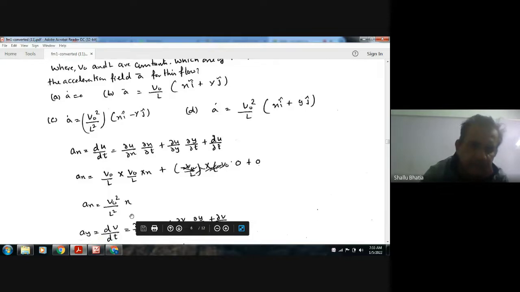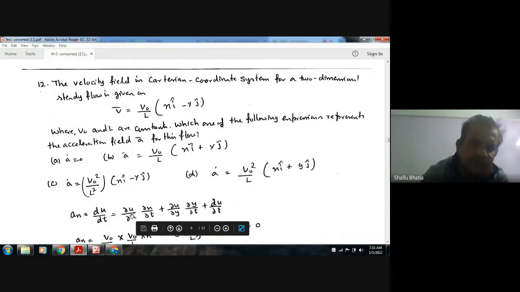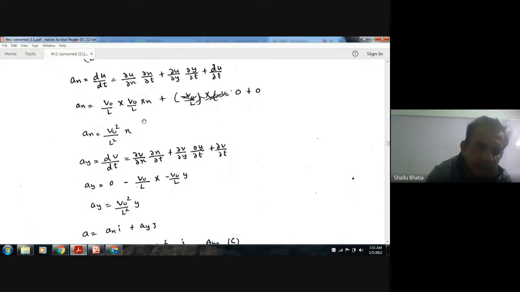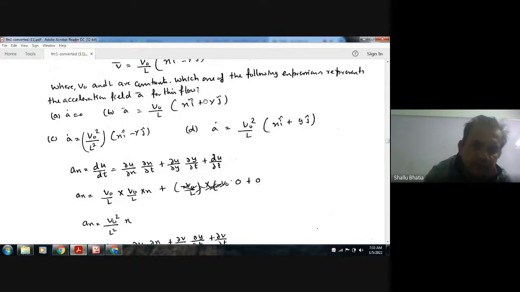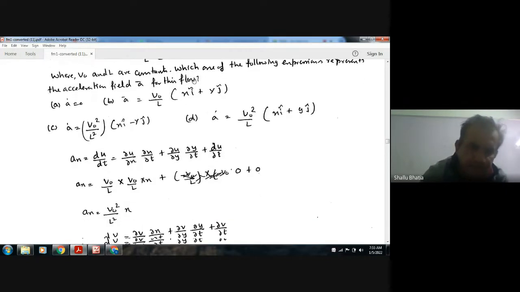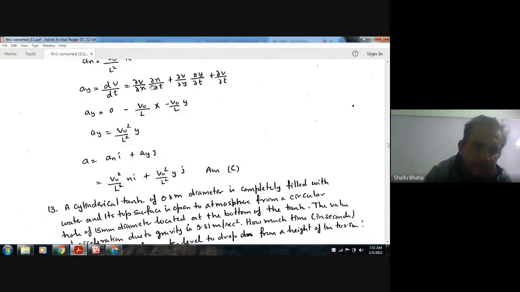Similarly, ay is your, again, v is not a function of x, so this quantity will be 0. And v is also not a function of t, so this quantity will also be 0.